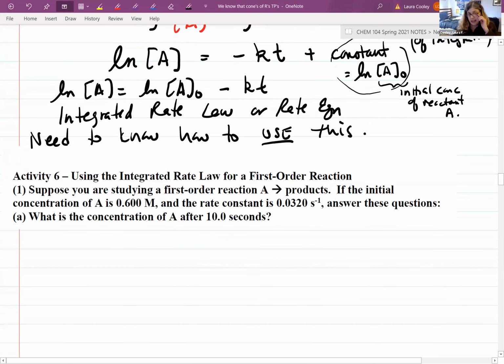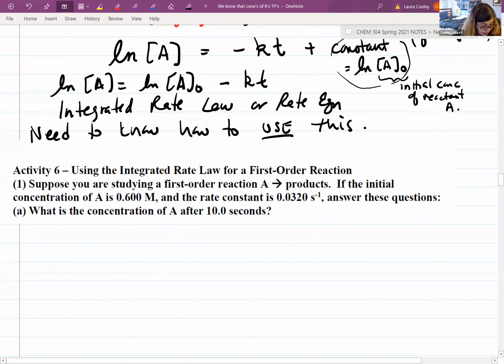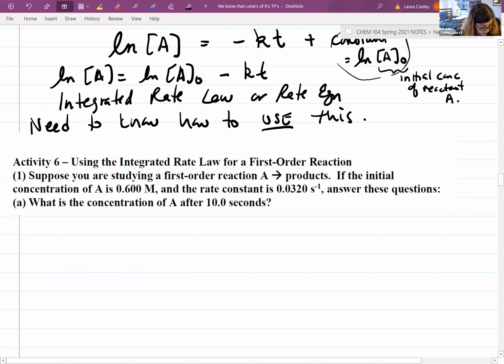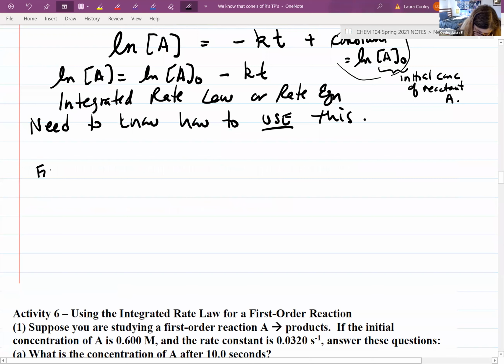Okay, so I sent you this activity. You should have it. It's on Blackboard with all the activity sheets, but I'm going to go through this activity. So first of all, though, I want to say that you should all take out your calculators, and you need to find ln on your calculator.